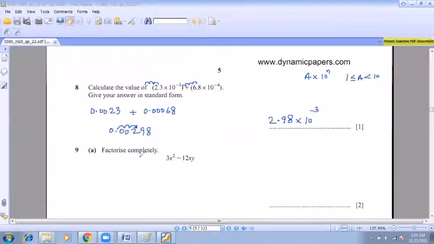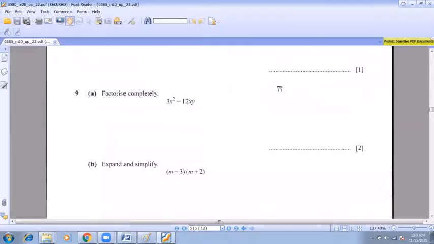So next, factorize. Factorize is easy. We will see what the highest common factor is in these two terms, and then just take out this highest common factor. If we check what is common in these two terms, so clearly 3 and x.